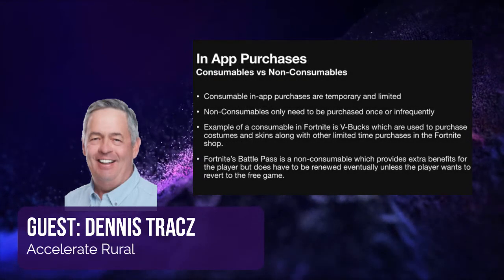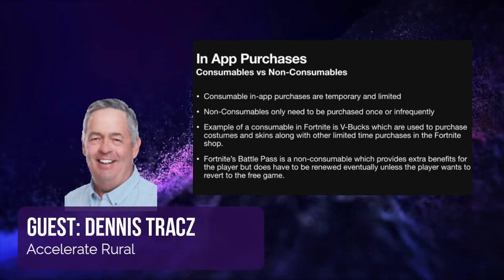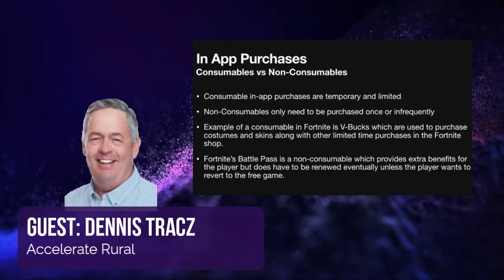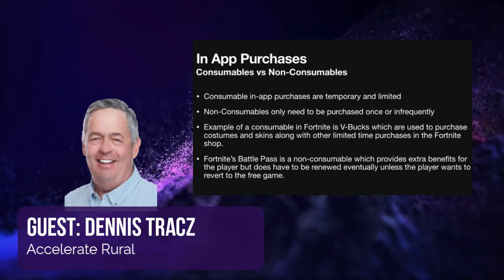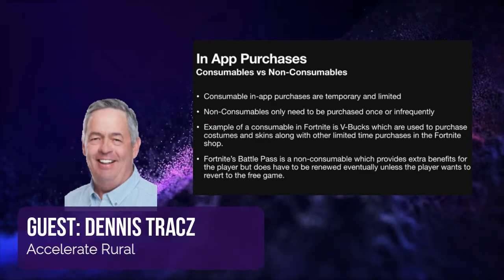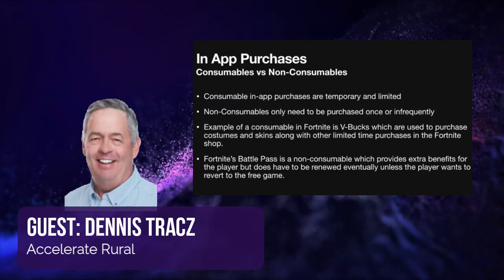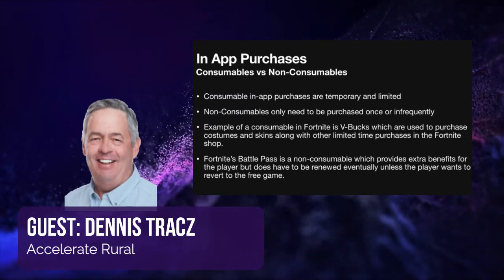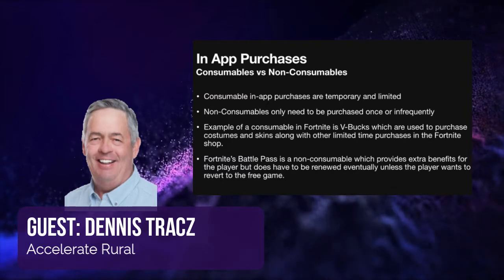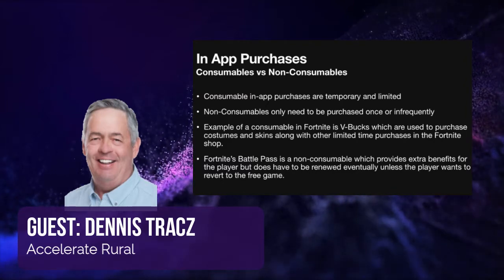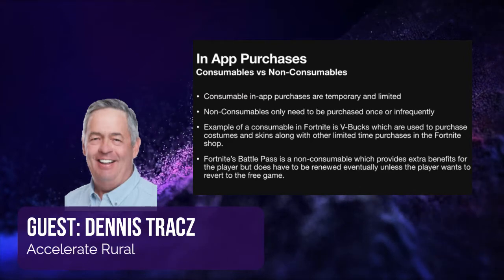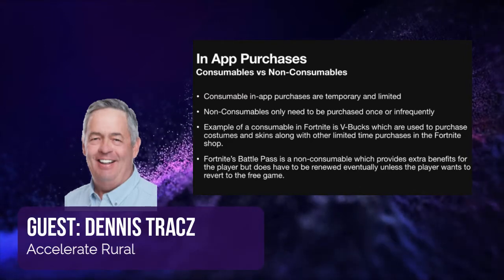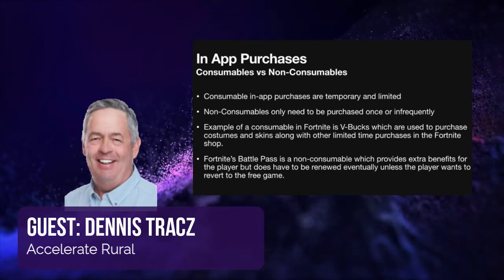Okay, so in-app purchases are really divided into two, and the terminology used in the industry is consumables versus non-consumables. So an example, a consumable in-app purchase is generally temporary and limited in what it would do. Non-consumables generally only have to be purchased one time or very infrequently.